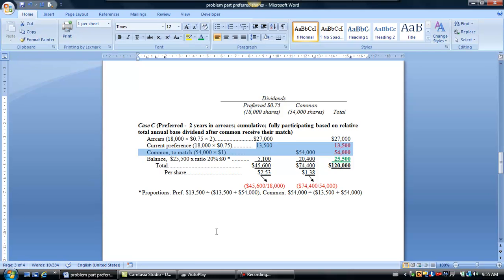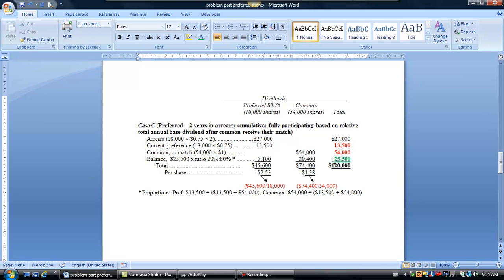So how do we figure out those proportions? Well, I'm telling you they're 20% and 80%, but how did I get that? Well, I would say that the preferred are getting $13,500 divided by the total current annual dividend, which would be $67,500, which are these two red guys here, right? So $13,500 divided by $67,500, if you put that in your calculator, you should get 0.2 or 20%.